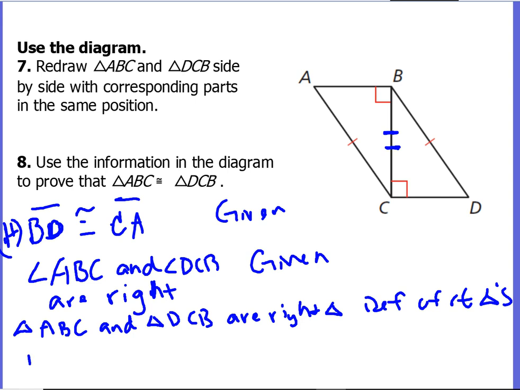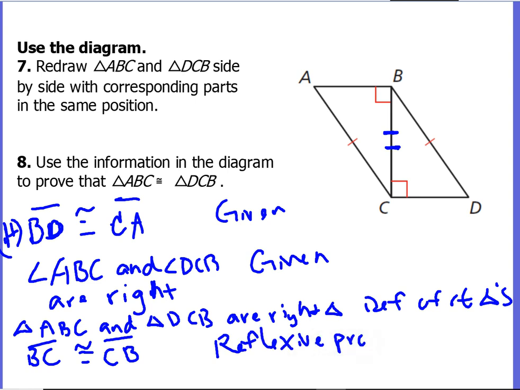I see that BC is congruent to CB. Again, the order matters because they would be in opposite orders in those two triangles, by our reflexive property of congruence. And so let's backtrack.